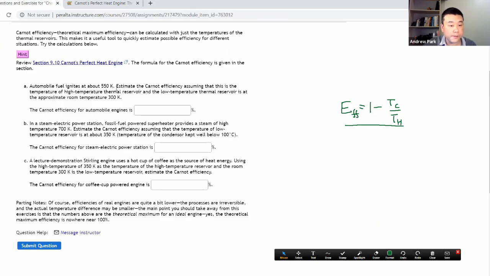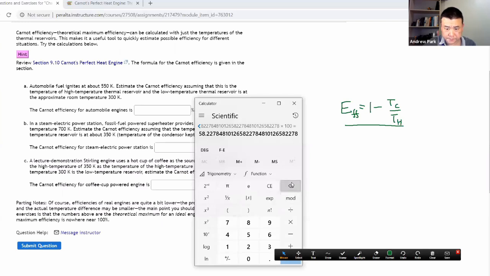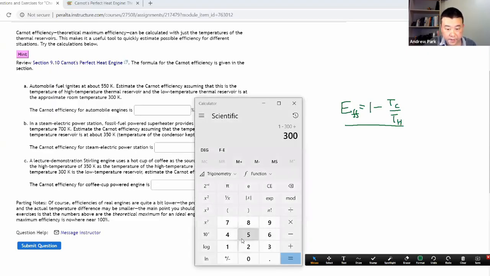For the automobile, the two operating temperatures: the hot is 550 Kelvin, and the low temperature is 300 Kelvin. So let me do this calculation here. 1 minus the ratio of the cold divided by the hot, 550, is equal to 0.455.